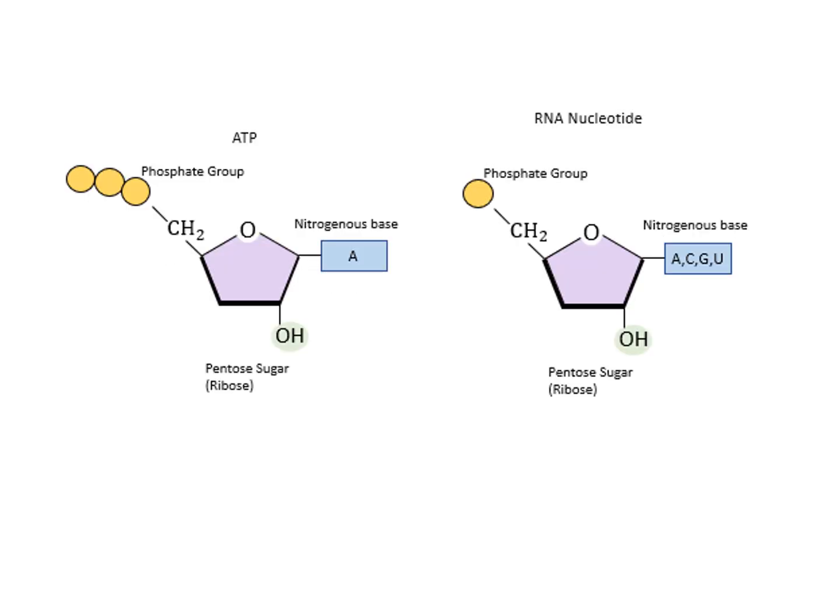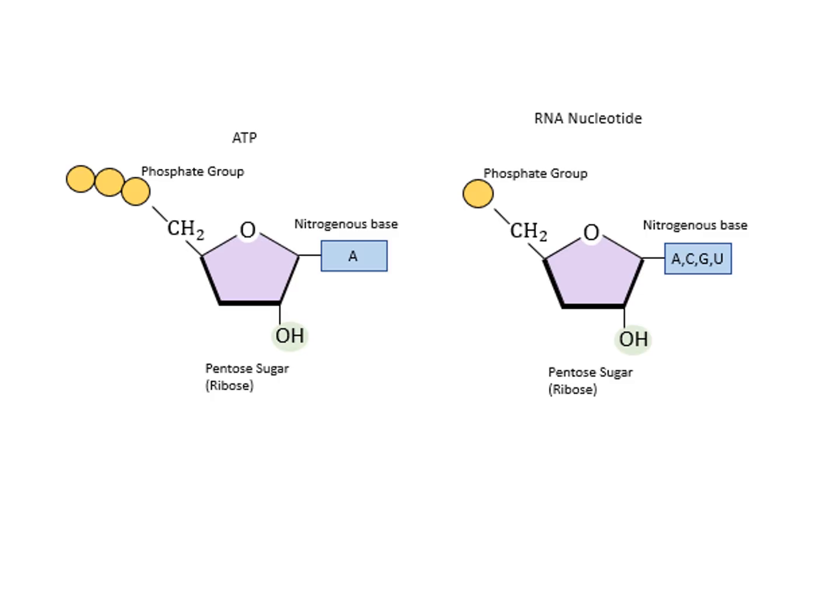ATP, shown on the left, is composed of a nitrogenous base, adenine, blue, ribose, purple, and 3 phosphate groups, yellow. Structurally, it closely resembles an RNA nucleotide, specifically adenosine, shown on the right, except that ATP has 3 phosphate groups, whereas RNA nucleotides have only 1.